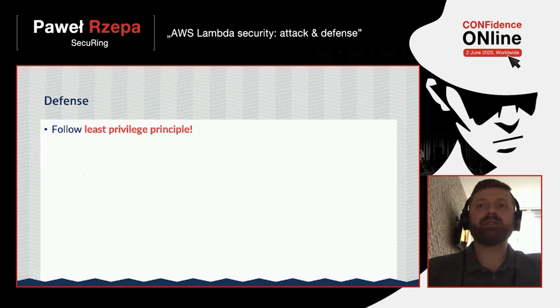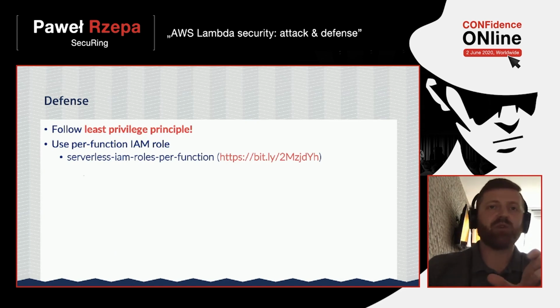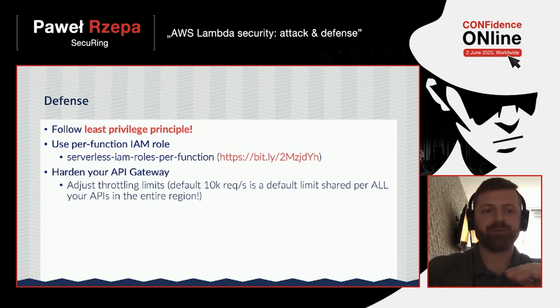Regarding defense, obviously follow the least privilege principle. Do not use wildcards and use only those permissions which are required by your function. Furthermore, use the serverless IAM roles per function, which allows you to create the IAM role per function.